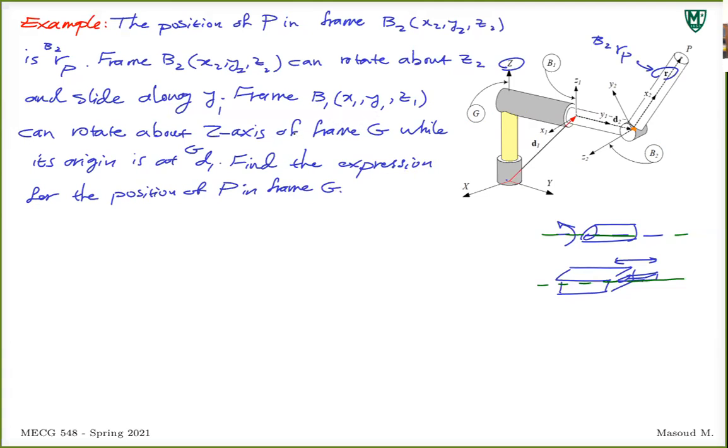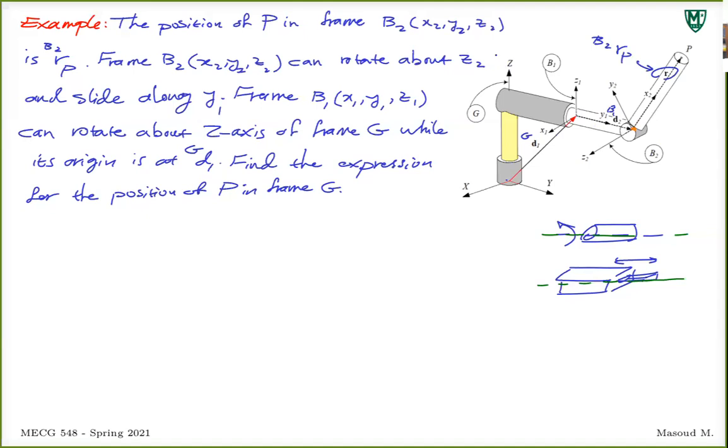X2, Y2, Z2 can rotate around Z2, that's frame B2, and it can slide along Y1 of X1, Y1, Z1. Frame B1 can rotate about Z axis of frame G, and its origin is located at D1. Let's represent this with D1G so things are not confusing. And I'm going to represent that one D2B1. I'm going to stick to the notations that we've been using.